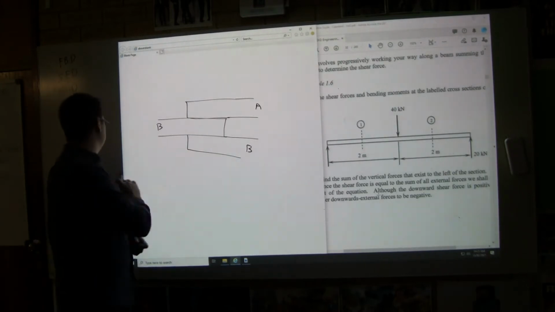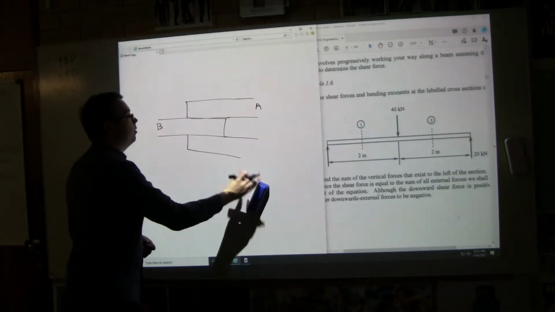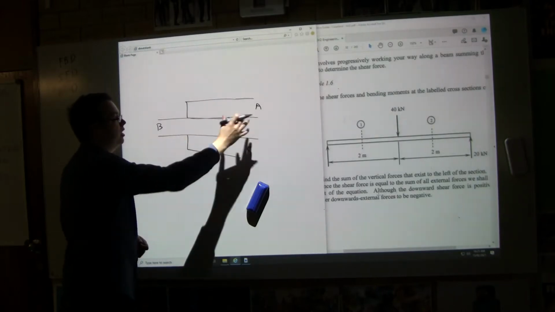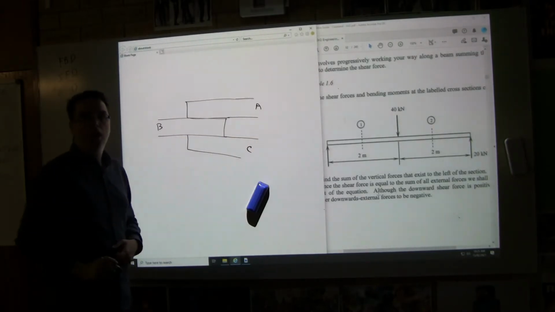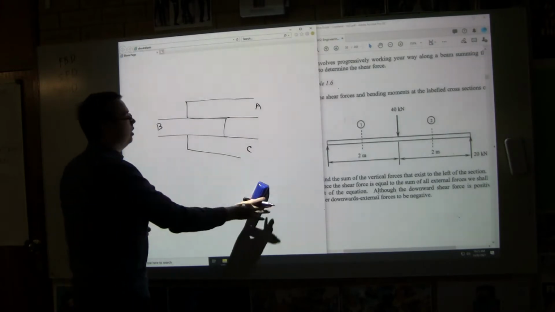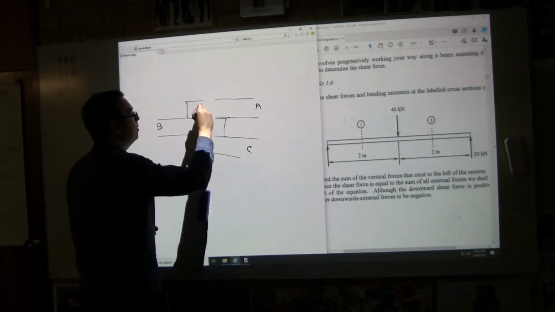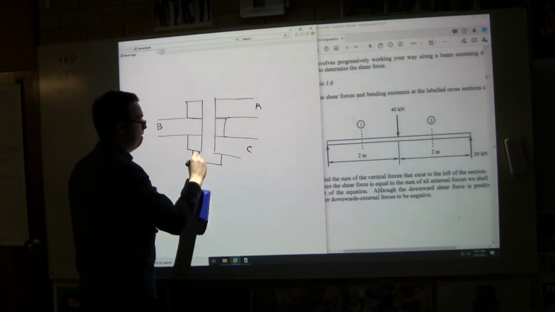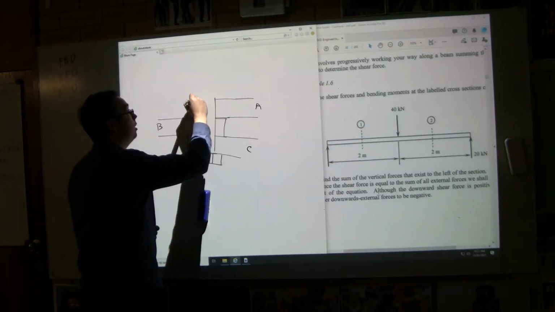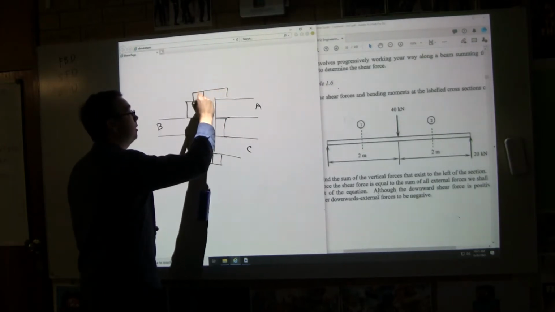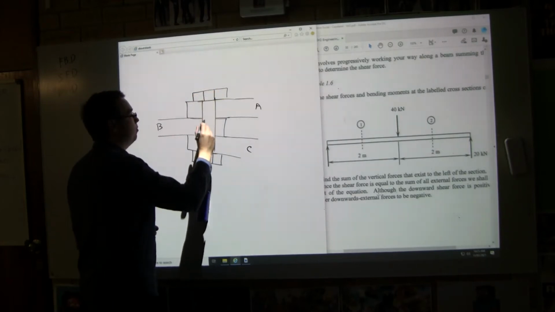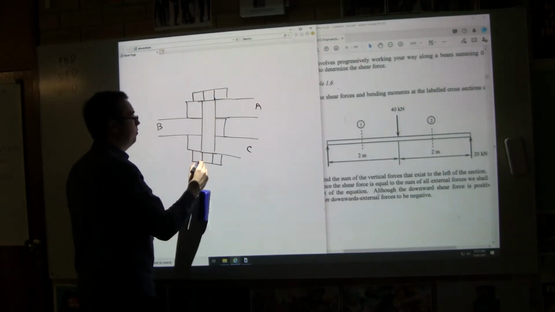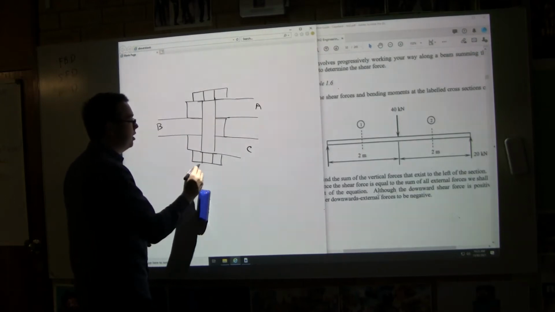My boat is on point C, the car is on this side, and to hold these pieces of metal together, I drilled a hole through the middle, and I put a nut on each end. Right? And it doesn't matter where the threaded section starts.